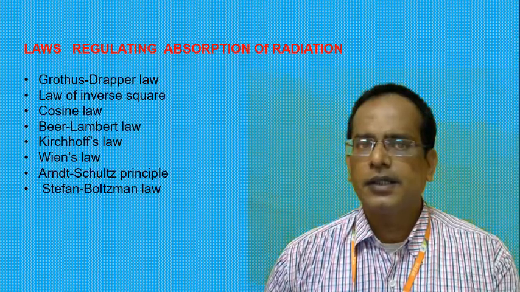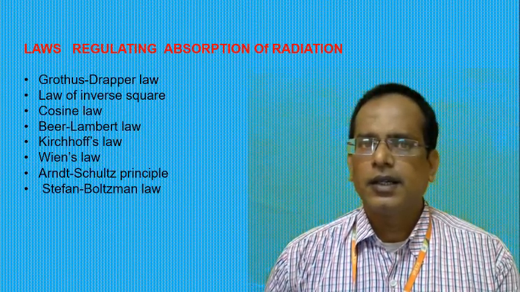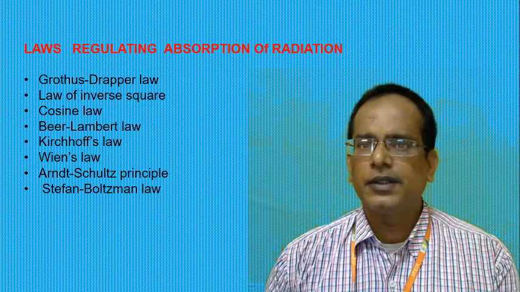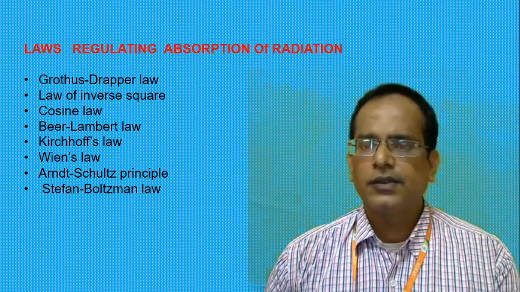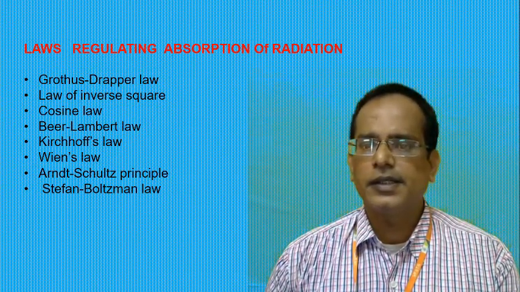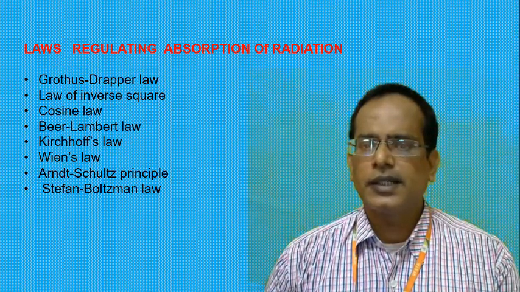Next we will see about the laws regulating absorption of radiation. Okay. So what are the laws? First law is Grotthuss-Draper's law. Second one is the law of inverse square. Third one is the cosine law.